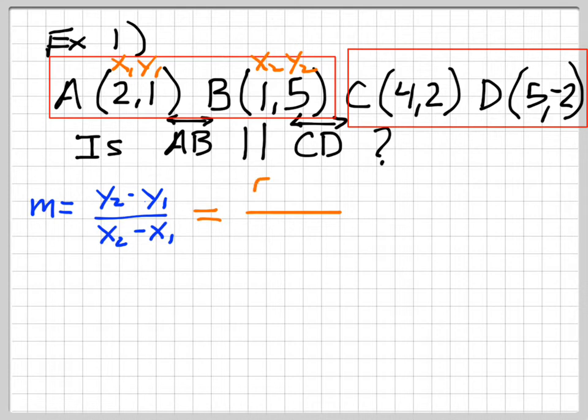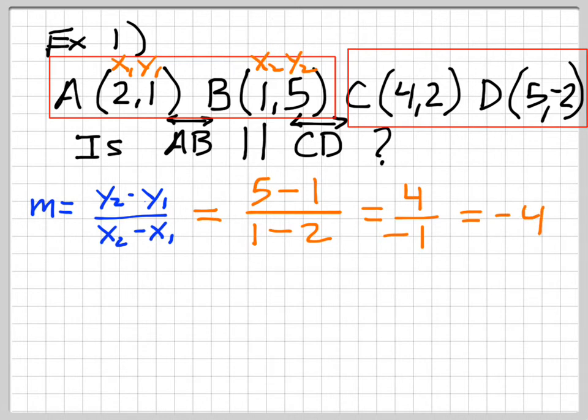So y2 is 5, minus y1 is 1, over x2 is 1, minus x1 is 2. And I get 4 on the top, -1 on the bottom. So my slope for line AB is -4.